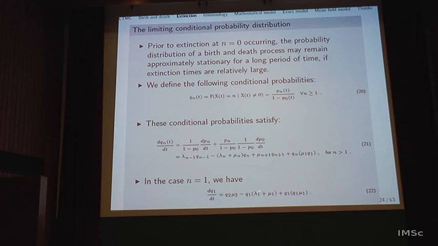I may ask myself, before extinction takes place, what is the probability to have a given size in my population? This means that I haven't become extinct. That happens with probability 1 minus P0, and the probability to have n cells is Pn. So these are conditional probabilities.